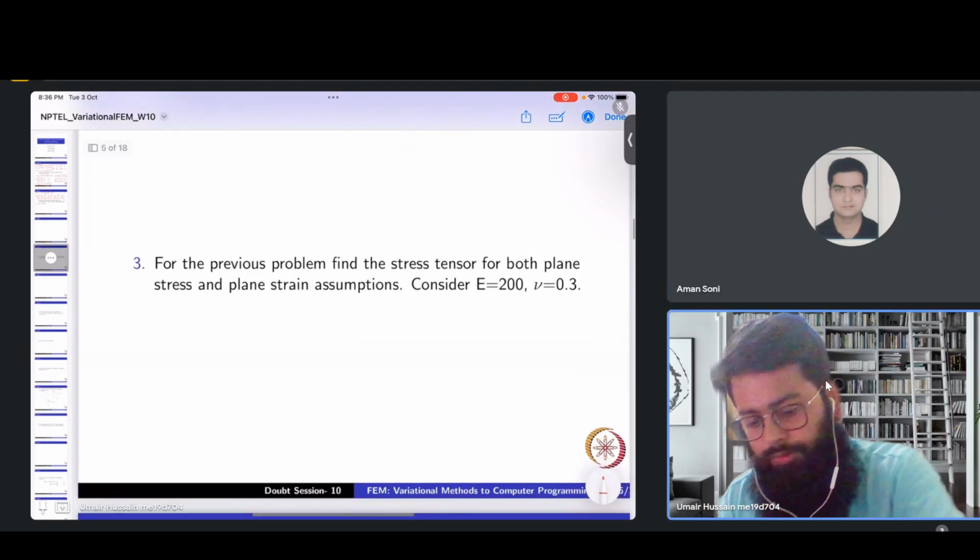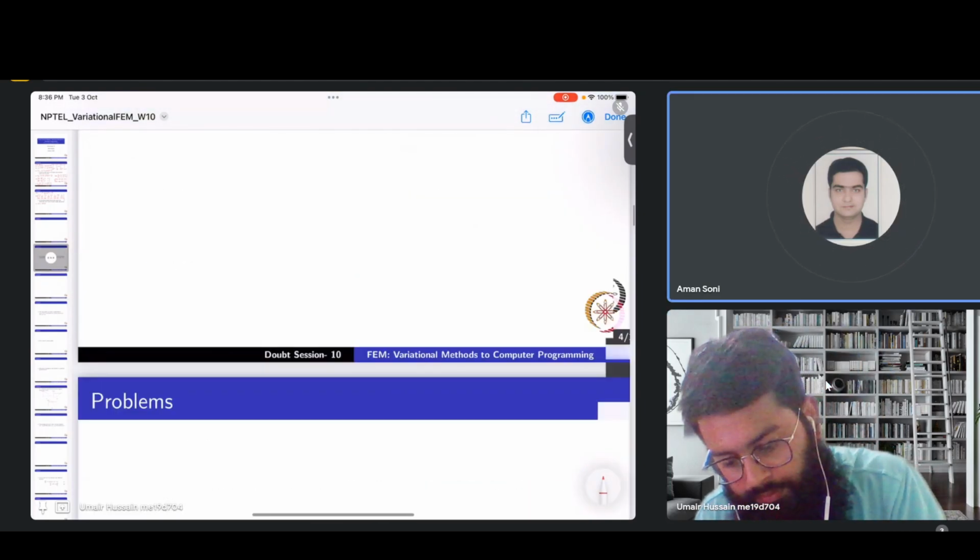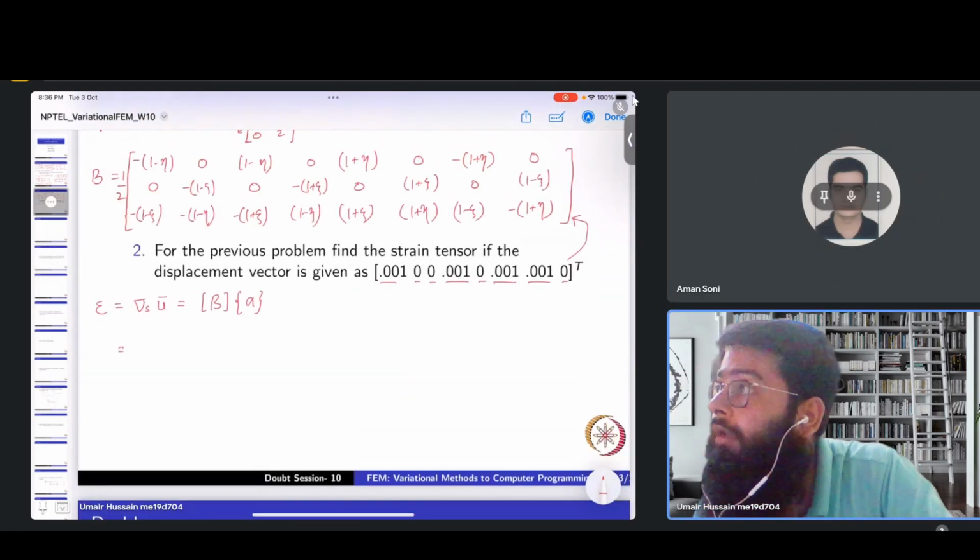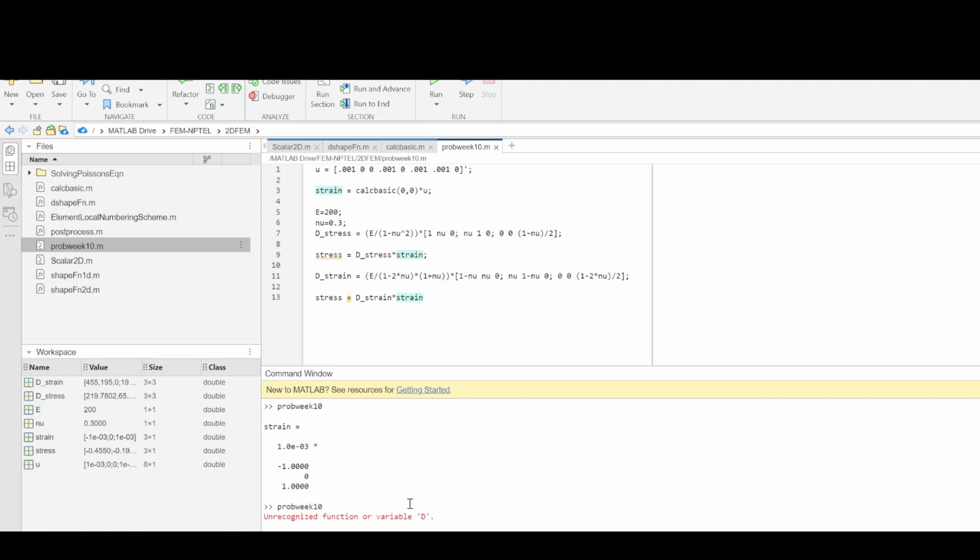Yeah, so we have done this problem also. For plane stress, our stress was 10.659, to 0.0769.